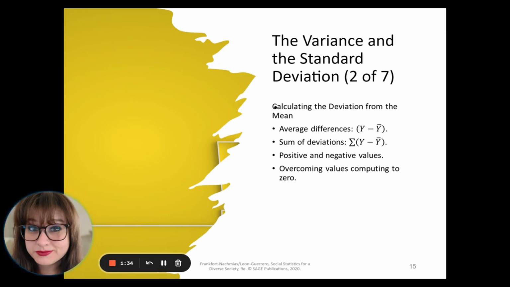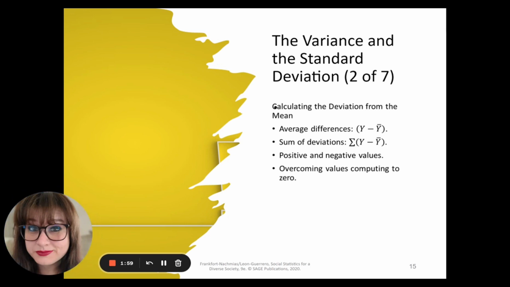So one way for us to overcome that problem of those zeros is by squaring the deviation. So the deviation times itself, and it gets rid of the negative sign. That is important mathematically, in terms of the calculations. But just remember for now, these are the two really important things to think about.